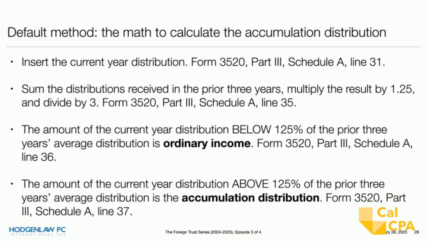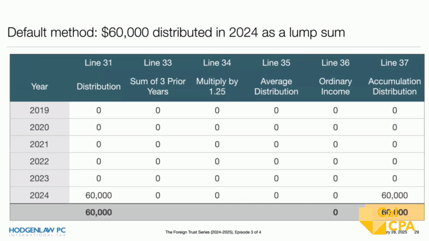So here's my little slide that just has the numbers and the description of how it all works and how you do the multiplying and dividing to figure out this threshold, whether it's ordinary income or accumulation distribution.